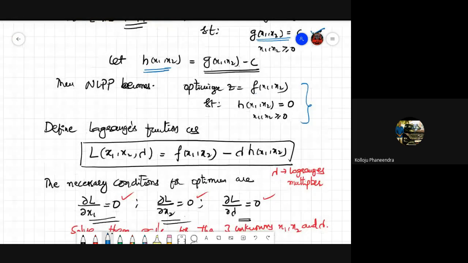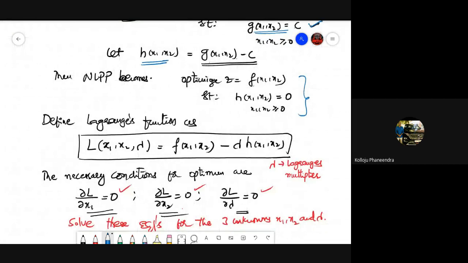Then construct the Lagrange's function. How to construct Lagrange's function? Always remember, objective function minus lambda into constraint. What is this lambda? It is called the Lagrange's multiplier.